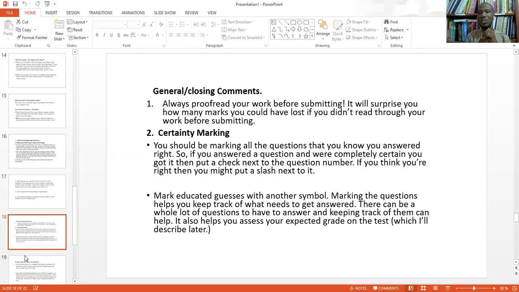Same applies to objective tests as well. You have to go through your work, because especially for questions whose answers you are not sure of, at times after going through, you have some idea about a new answer that can help you to get it right.